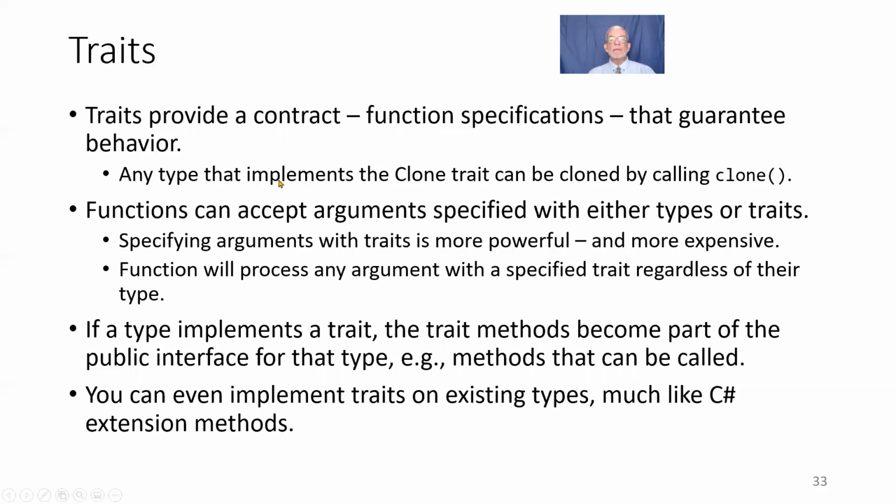For example, any type that implements a clone trait can be cloned by calling the clone function. Functions can accept arguments specified with either types or traits, and we're going to see an example of that. And accepting arguments by trait is a powerful mechanism.